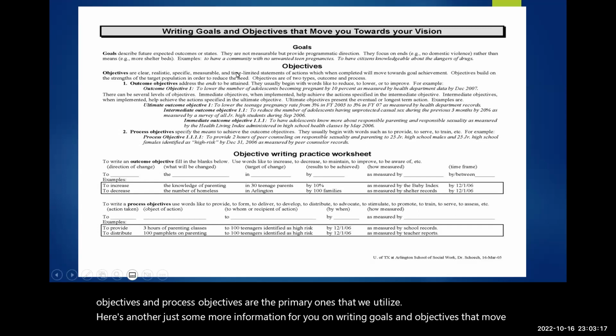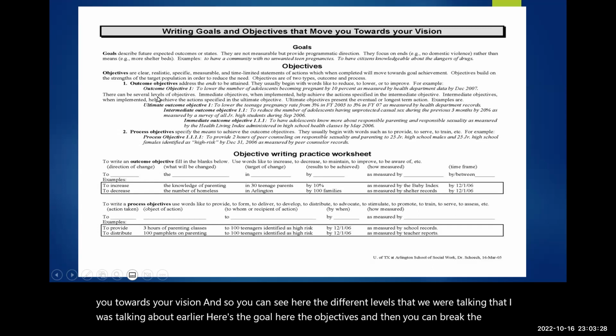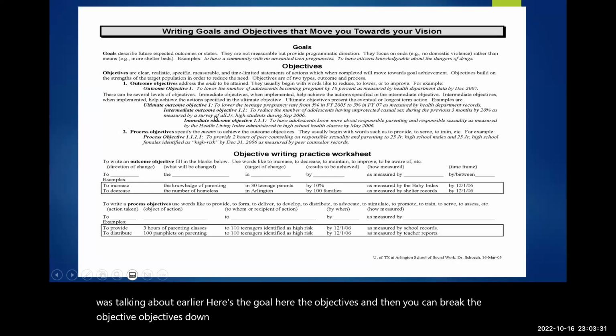Here's some more information for you on writing goals and objectives that move you towards your vision. You can see here the different levels that I was talking about earlier. Here's the goal, here are the objectives, and then you can break the objectives down into further objectives. There are outcome objectives here, and then process objectives here.